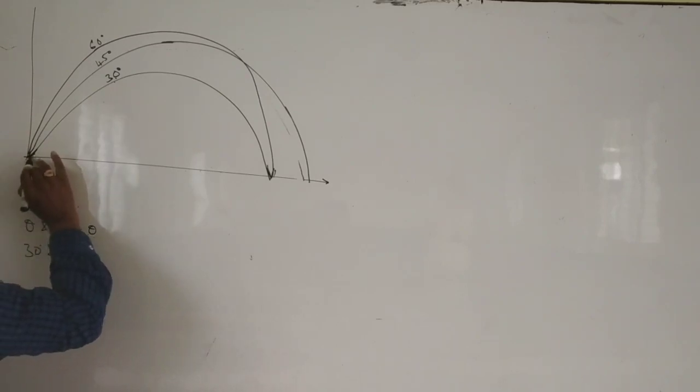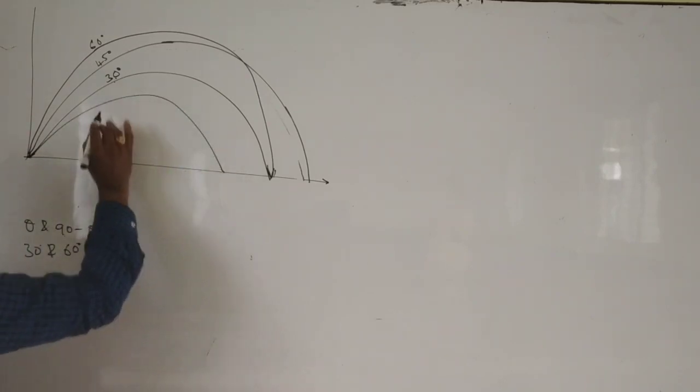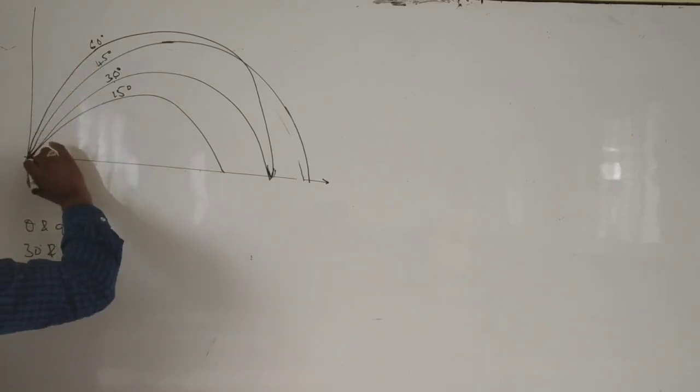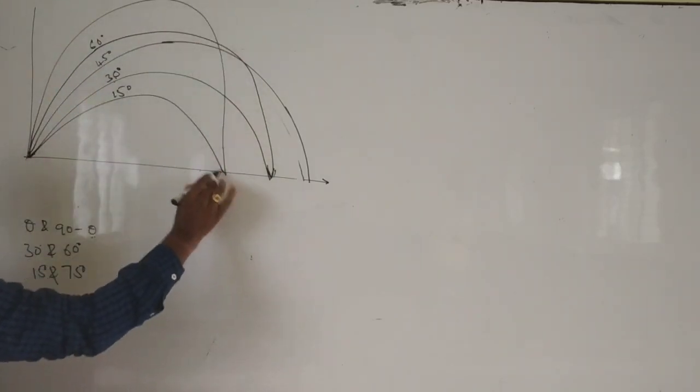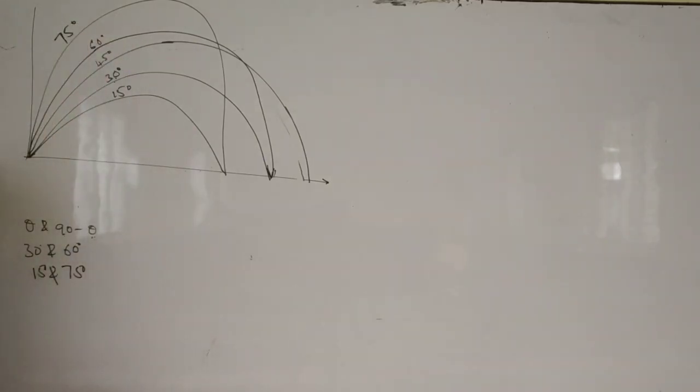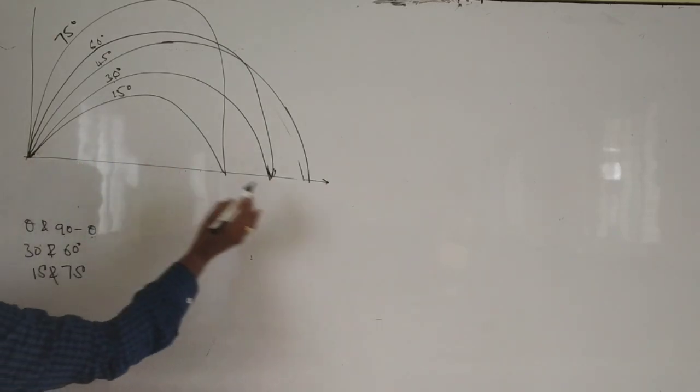Suppose one is projected at 15 degrees, then 90 minus 15 gives 75 degrees. So 75 degrees has the same range. Now from this concept, for which angle is the range maximum?